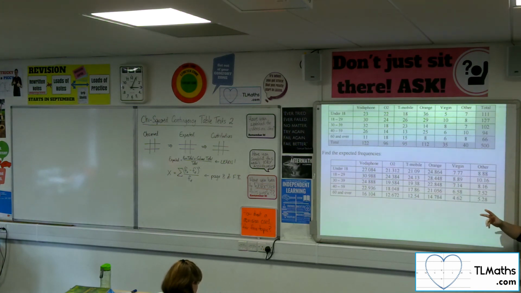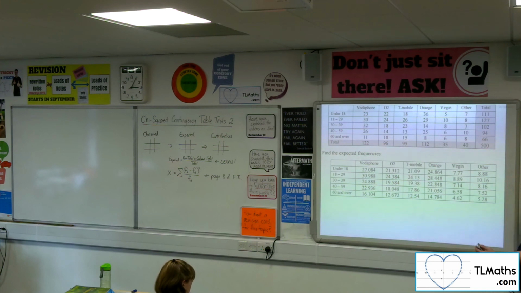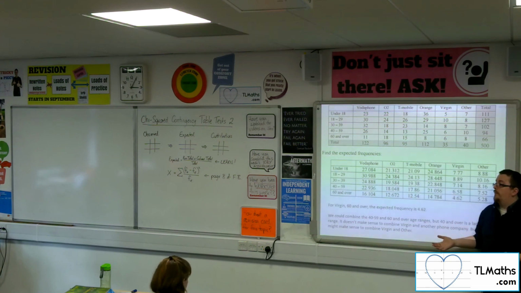So it probably would make more sense to combine Virgin with the other column for the other phone providers, especially when you think about comparing what's going to happen if you add those together with the other groups. You could argue that case. It really depends upon the context. If you didn't think that grouping together 40 and over was going to cause any kind of natural bias, then it might be all right.